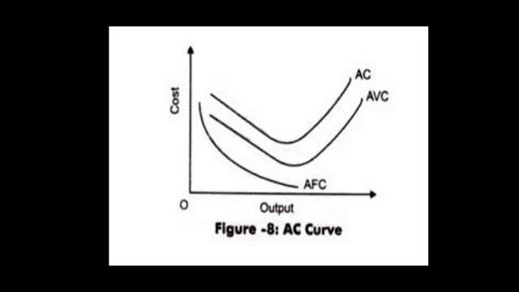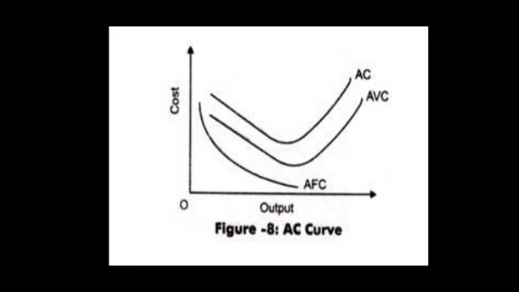This figure here shows the average fixed cost curve, which is a downward sloping curve and a rectangular hyperbola, the average variable cost curve, and the average total cost curve. Both average variable cost and average total cost curves are U-shaped due to the operation of the law of variable proportions.